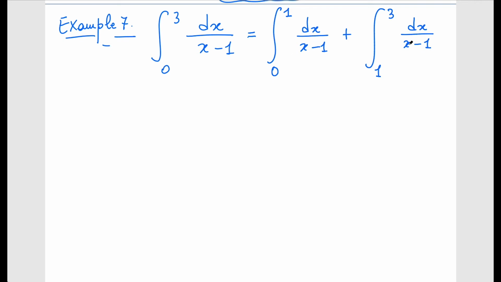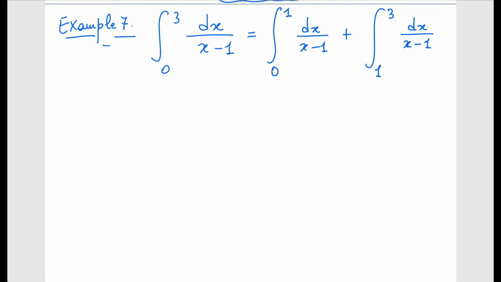I need to evaluate each of these improper integrals, and if each one is convergent, then their sum is the value of this improper integral, and hence it is convergent. If either of the two is divergent, then this is divergent, because for it to be convergent, I need each individual piece to be convergent.